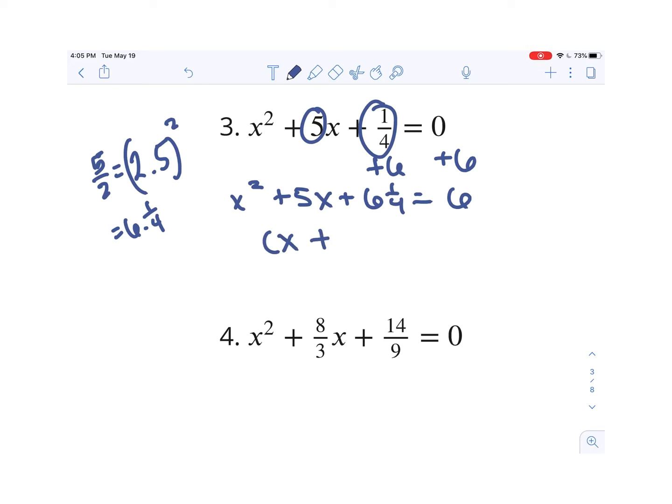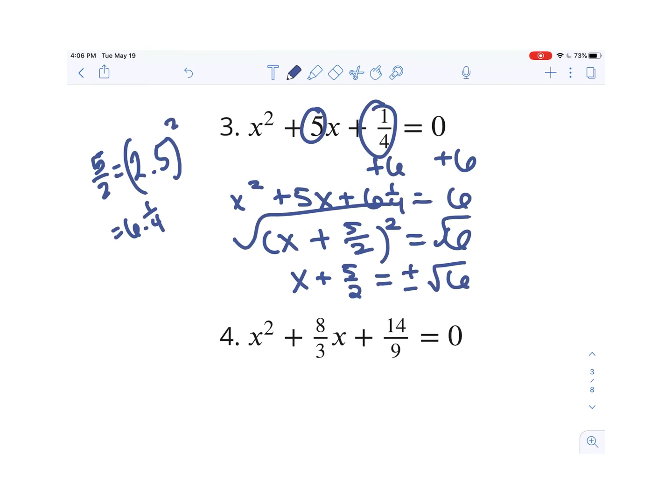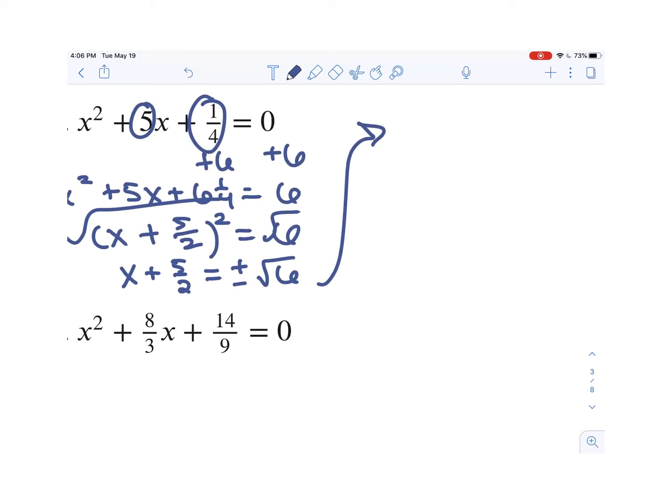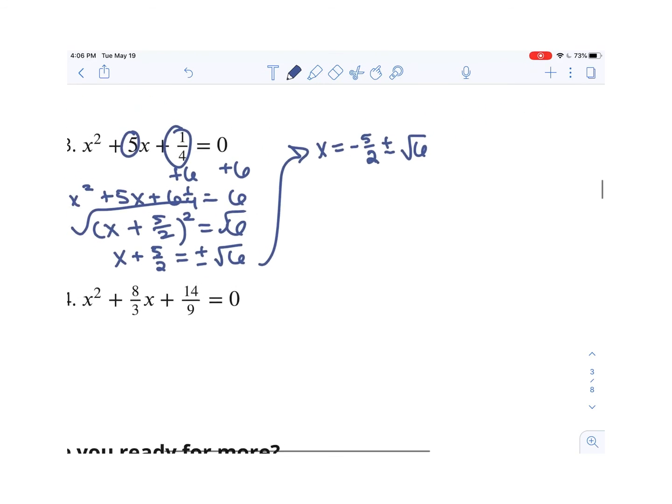So I'd have x plus, I'll just leave it as 5 halves, squared equals 6. Take the square root of both sides, and I get x plus 5/2 equals plus or minus the square root of 6. And now I'm going to subtract that 5/2 from both sides. So I get x equals negative 5/2 plus or minus the square root of 6.